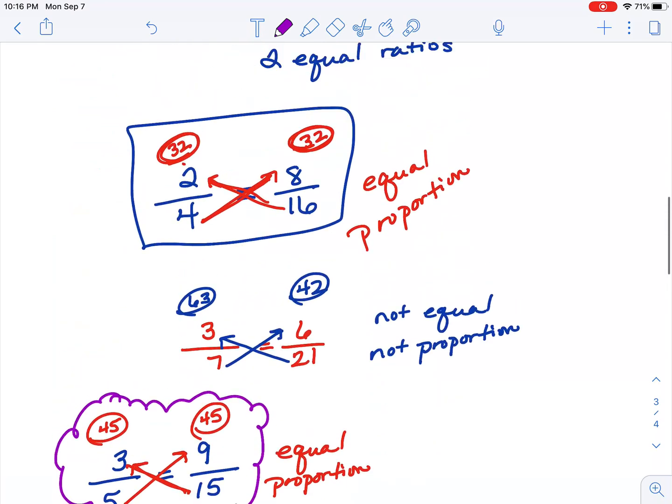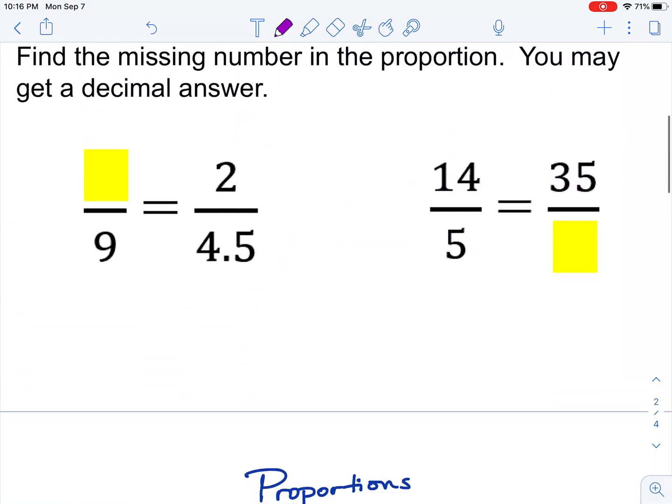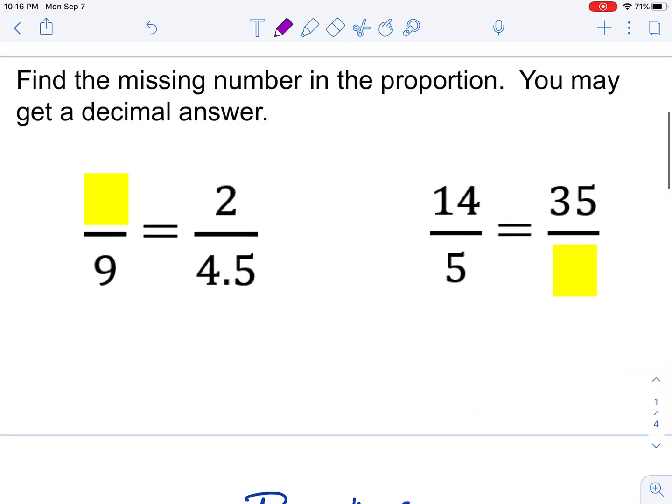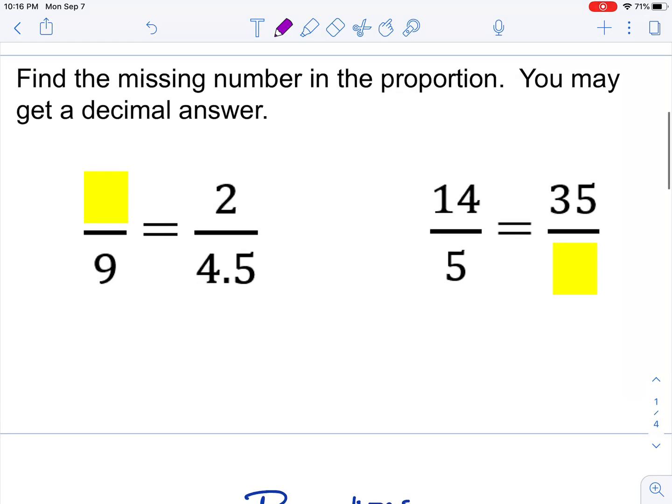So let's go look how it's going to look today when you're working. It's going to look like this. So you'll get a piece of paper and you would say, okay, I know that this times this and this times this have to give me the same thing. So I'm going to go across here, the two numbers I know. 9 times 2 is 18.